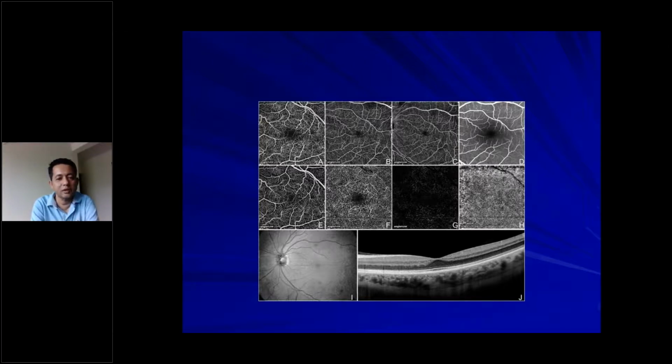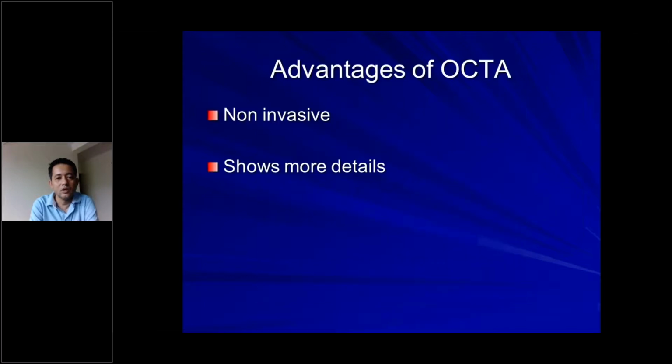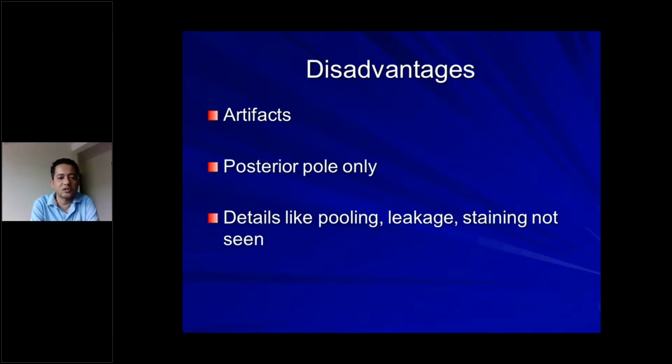But with OCT angio, you can see the image much better than with the conventional FFA, and then you can repeat this procedure to see how the patient is doing. So the advantage of OCT angio is that it is a non-invasive procedure and shows much detail in the deeper layers. But the disadvantage is that there are certain artifacts, it only gives a very limited image of the posterior pole, and certain details like pooling, leakage, staining that we see in the conventional FFA are not seen with OCT angio.